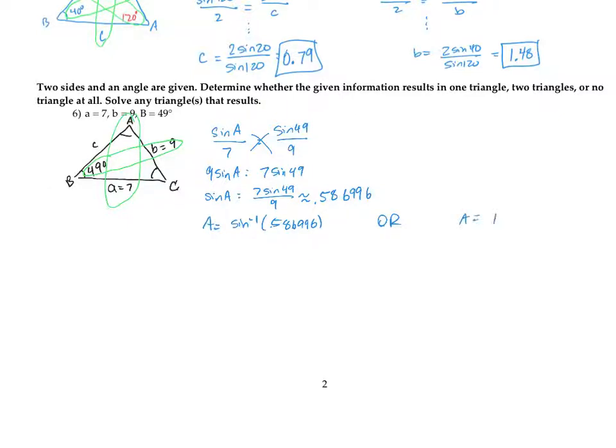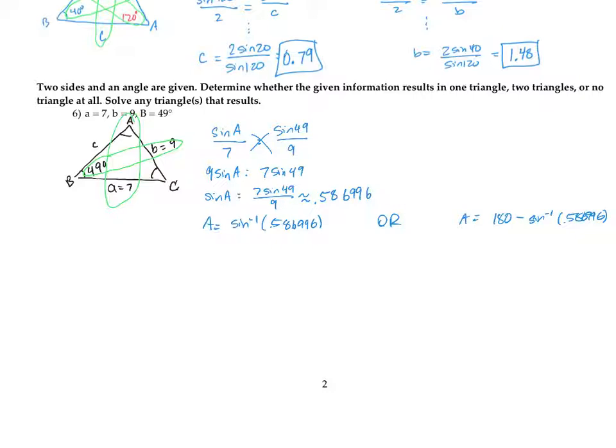Or A could be 180 minus sine inverse of 0.586996. Remember, when you take the sine inverse, you have to check both the angle you get from the sine inverse function and 180 minus that angle. So we may have, in fact, two separate triangles that could solve this.